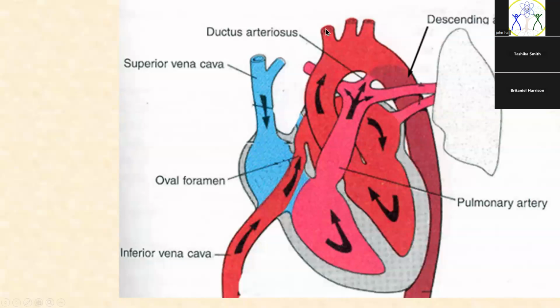Remember now, while we're doing this, the blood is already oxygenated coming from the umbilical cord into the heart, right? From the vena cava. So that means that blood can go straight to the body. Hence, foramen ovale, hence ductus arteriosus, okay? So remember, those are only found in the fetal stage of development.